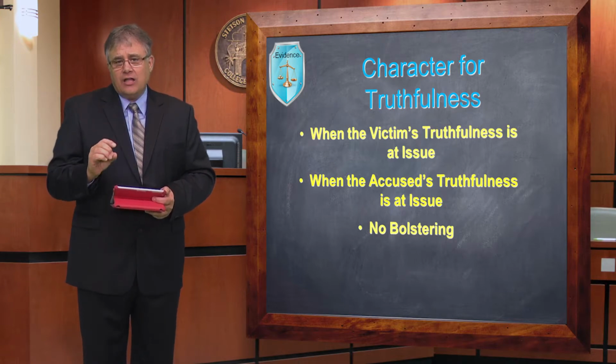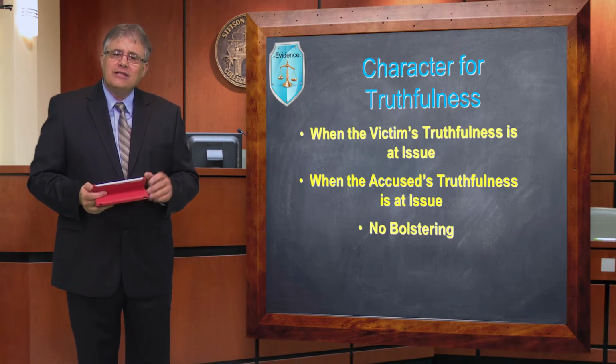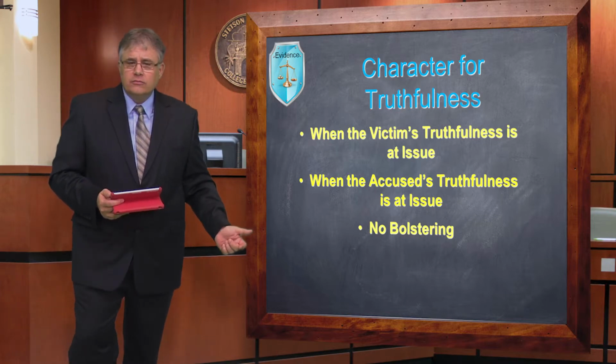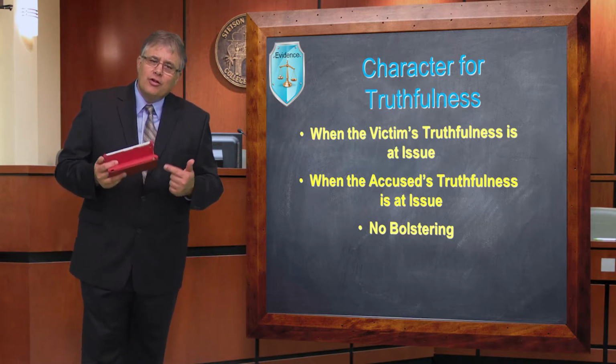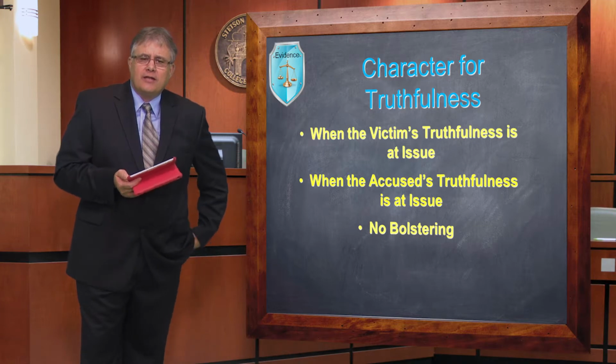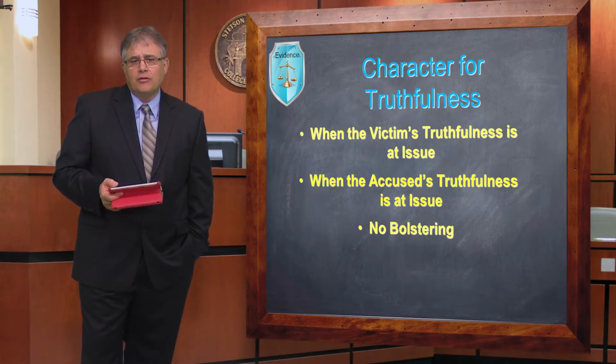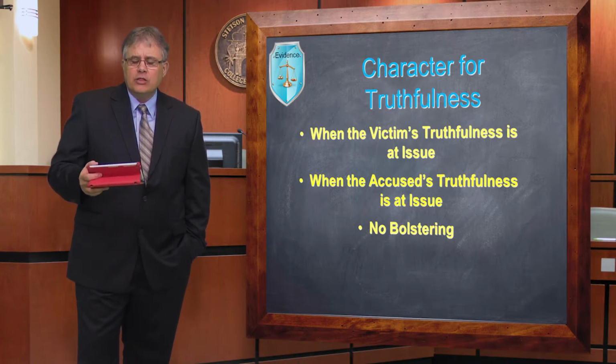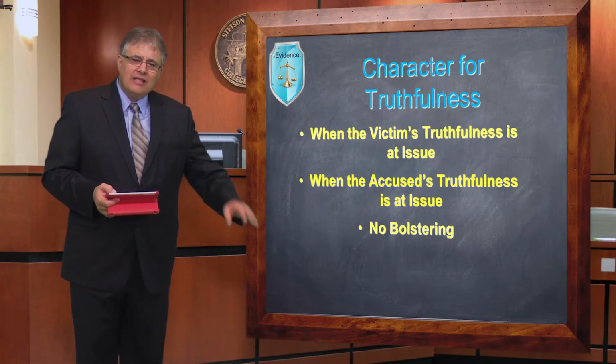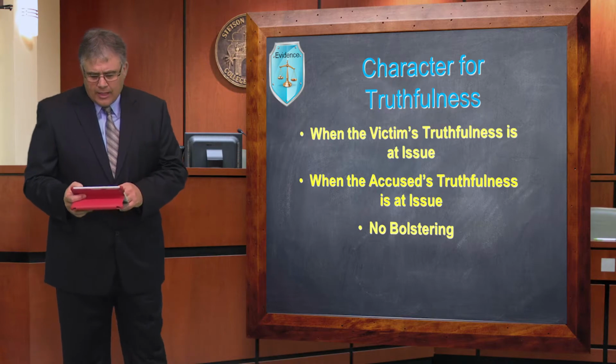And what I cannot do is offer evidence that a person is truthful prior to their character for truthfulness being attacked. All witnesses are presumed to tell the truth until such time as we know that they're lying. At that point is when we can get into the character for truthfulness analysis.